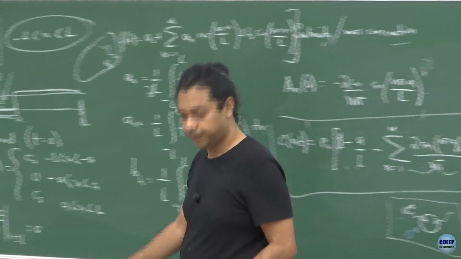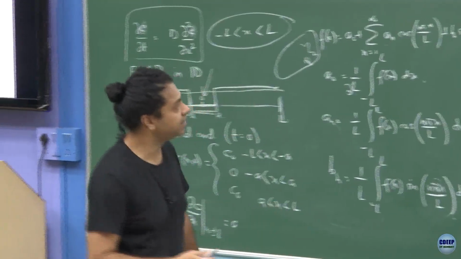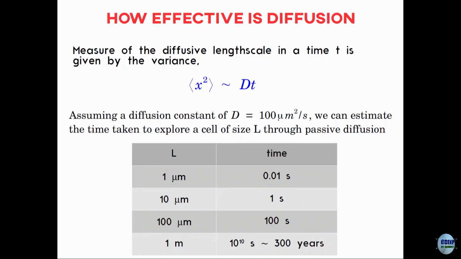So, before I end, I had these numbers just to prove a different point. If you have these cells and you assume a diffusion coefficient on the higher side, 100 microns squared per second, you can ask how long it takes to traverse the whole cell by diffusion. The time scales are reasonable as long as your cells are of this order, or tens of microns.